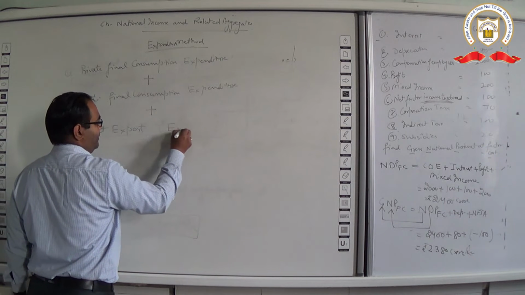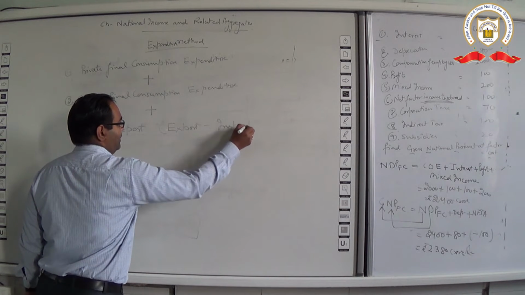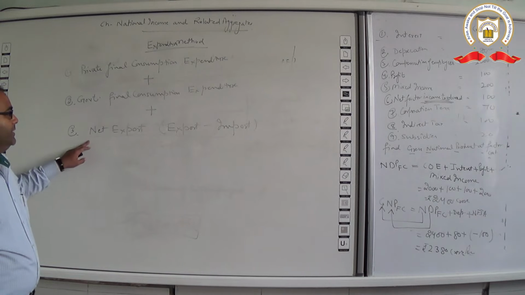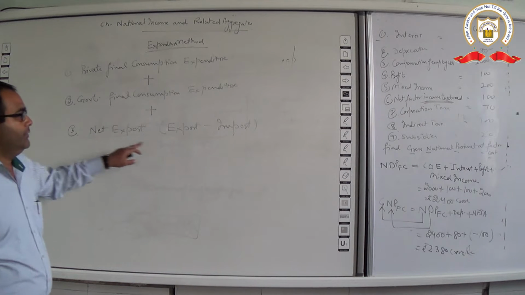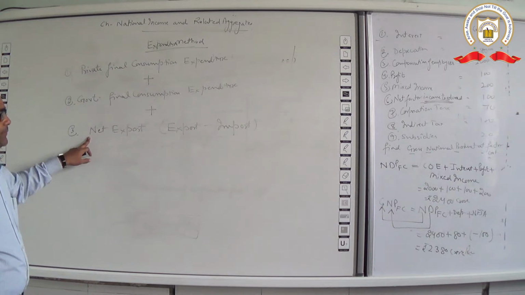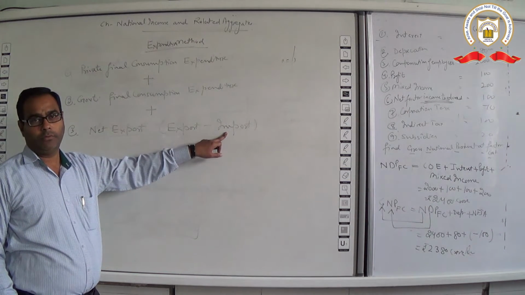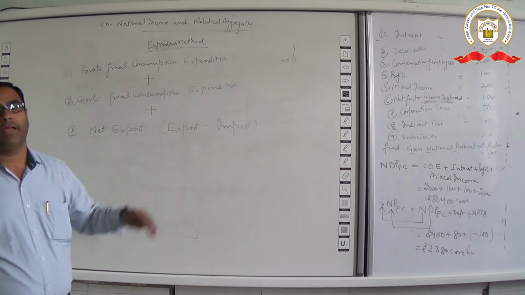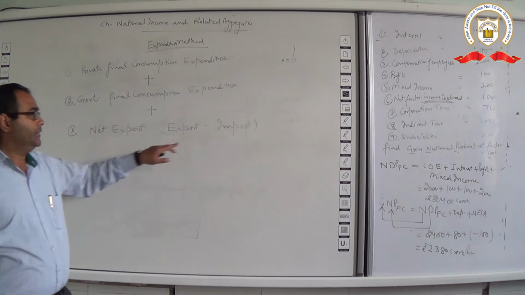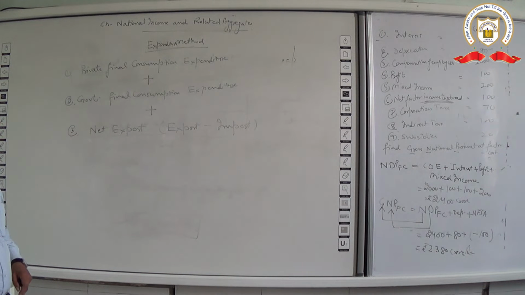It is the difference between export and import. When the value of import is subtracted from export, we get net export. Here it means that export is greater than import. It may be positive or negative. When export is less than import, it indicates net import, so the value will be negative.